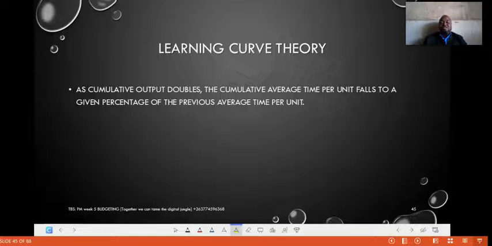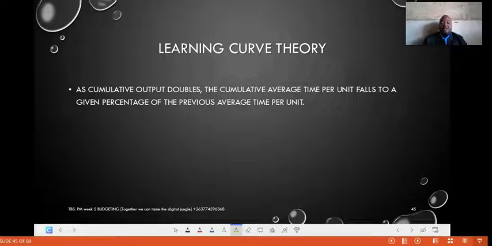But this improvement is not always going to occur. There's a stage when the improvement is zero, where the learning curve has reached its maximum point, and we are not going to experience any reduction in production time.